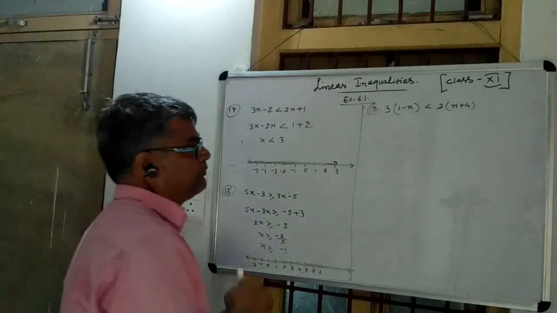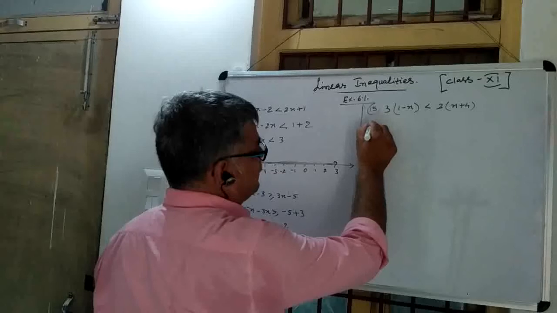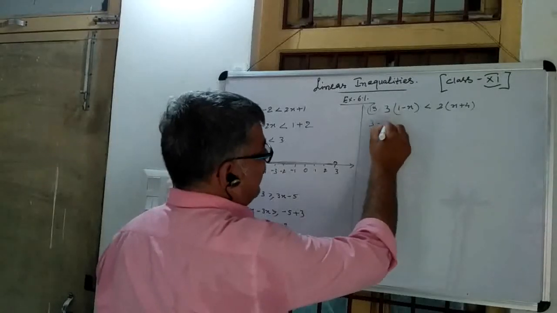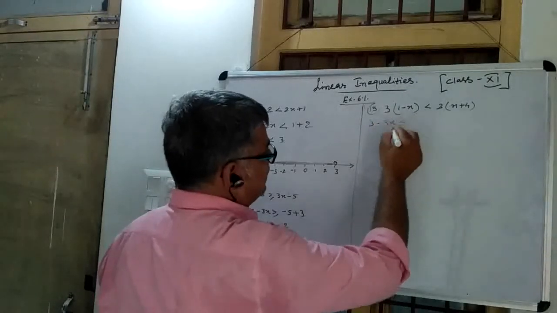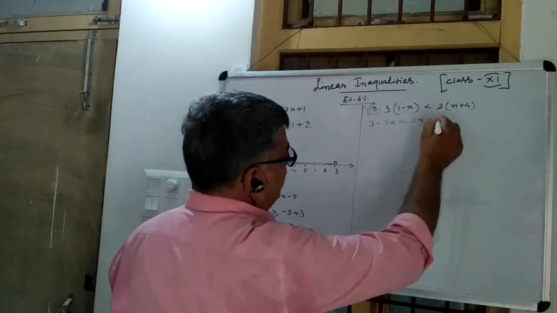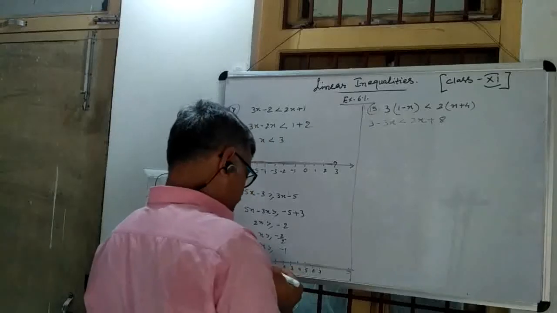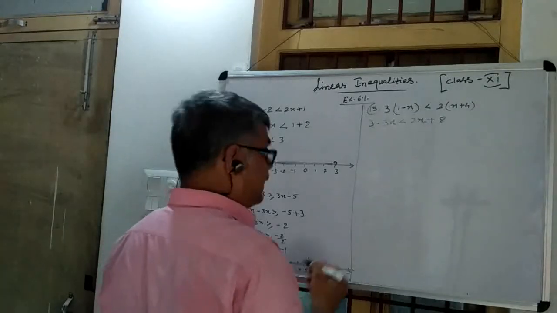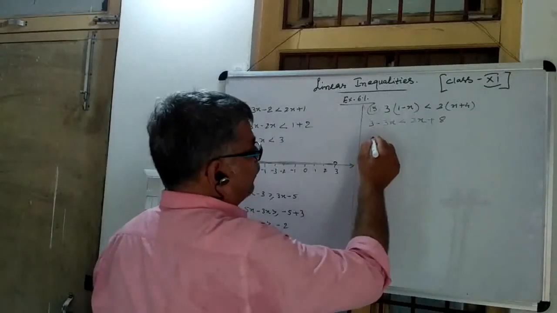First you simplify this inequality, so it will become 3 minus 3x is less than or equal to 2x plus 8.